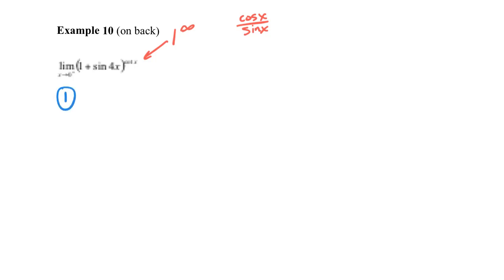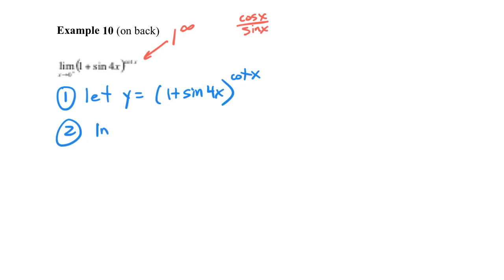So here's where you'll start to see the consistency. Step 1, we just let y equal that expression that we've got, which is 1 plus sine of 4x raised to the cotangent of x. Step 2, you remember what we did for step 2? Natural log, right? We take the natural log of each side. Natural log of y equals the natural log of this thing.